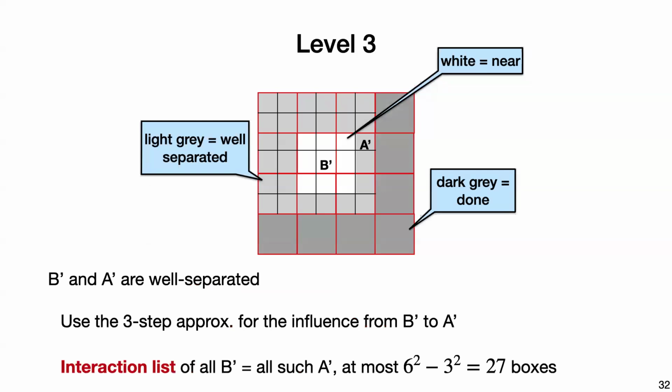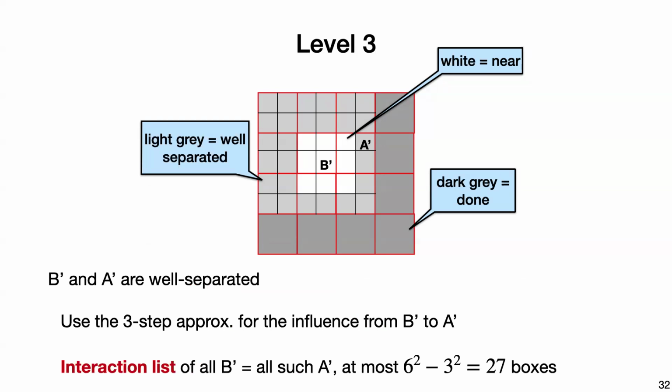So let's consider this one level lower in the decomposition. Just look at this B prime box. This dark gray part is things that are already done, because at the higher level of the recursion, we have already computed the influence of B onto these faraway ones. So we don't need to do it again.